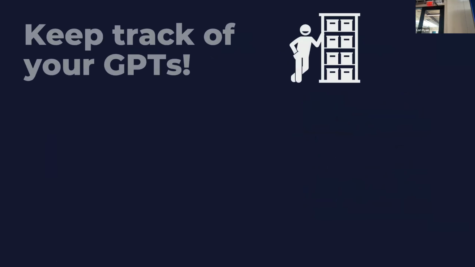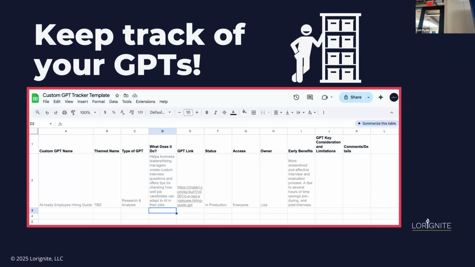I don't even remember what's next. Oh, yeah. Keeping track of your GPTs, whether it's in a Google Sheet, in Notion, or whatever tool you use. You don't want to solely rely on having all of this information in one tool. And this is a good way, especially if you're within an organization. Are these getting used? How are they getting used? What problems do they solve?